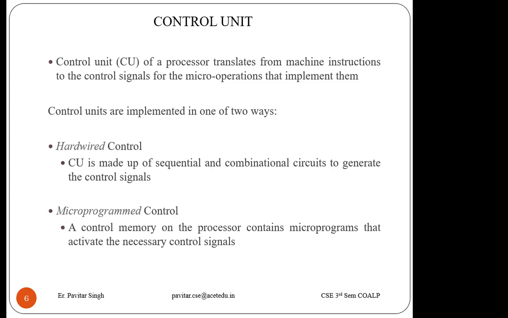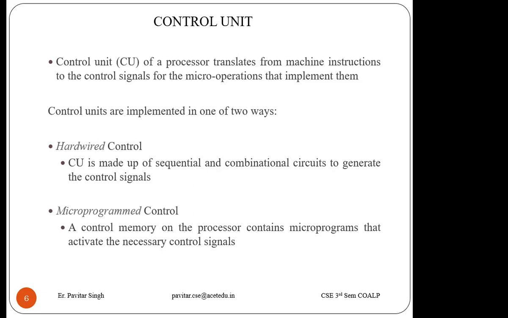A lot of cost is involved because hardware is costly. It is very much costly, so a lot of money. This one is the costly solution, and this one is the cheaper solution. If you want to make some changes in hardwire, you need to amend the entire circuit.